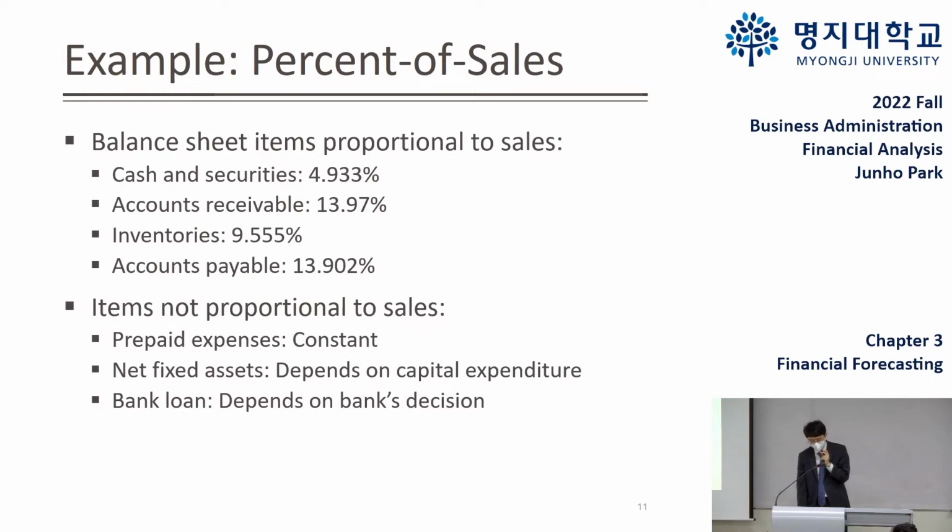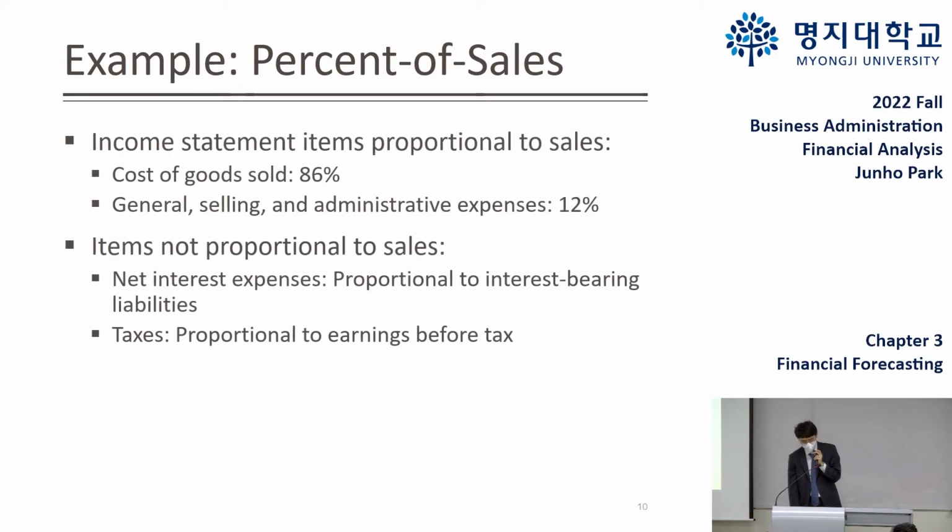So that is why I chose 86% for the cost of goods sold and 12% for the administrative expenses. And there were items which are not proportional to sales, such as net interest expenses and taxes, and we are going to make several assumptions to get the values for them later.